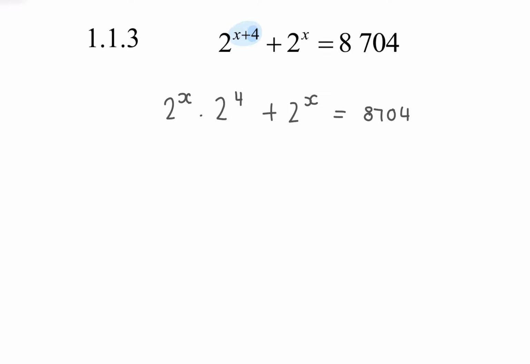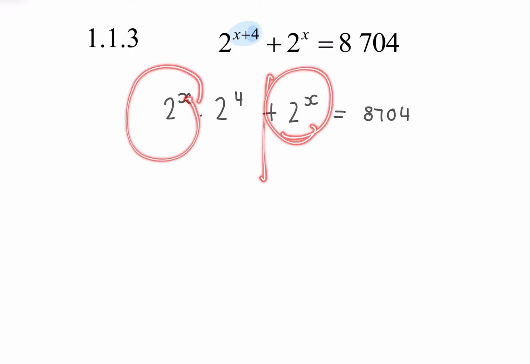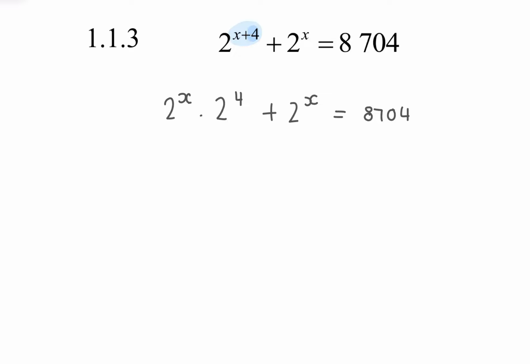If you don't, just listen to me now, it's 2^x, because you split your terms by a plus or minus, and you're then going to identify that each side of that split has a 2 to the power of x. So you take out that common factor. Whatever is left over goes into the bracket, and we're going to leave the right-hand side as is.